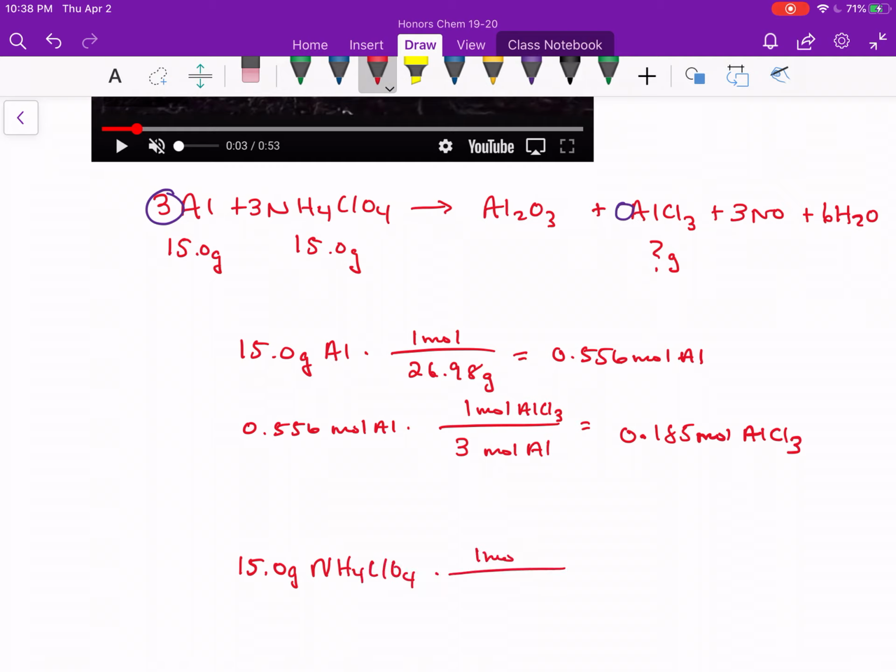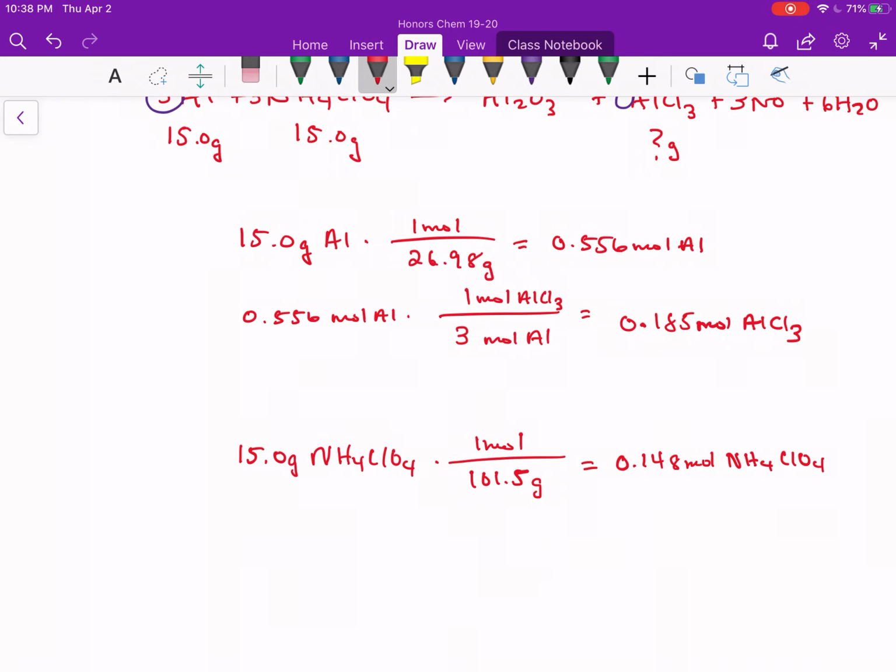Again, for every 1 mole, in this case my molar mass is 117.5 grams, and that's going to give me 0.128 moles of my NH4ClO4.